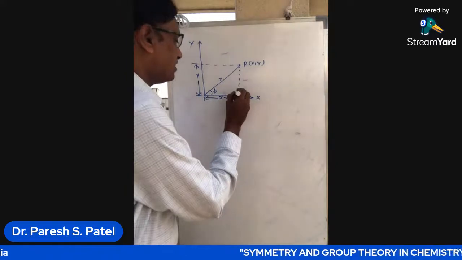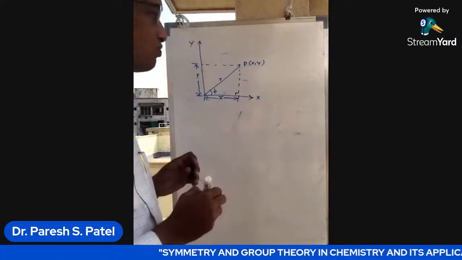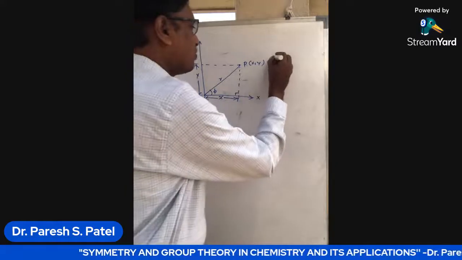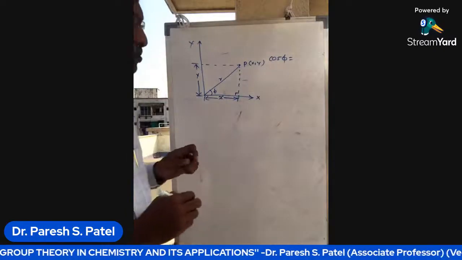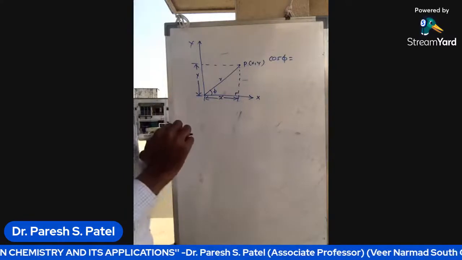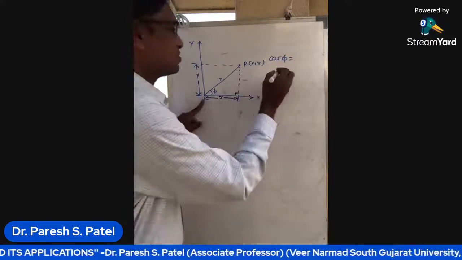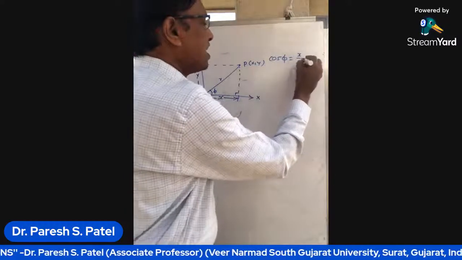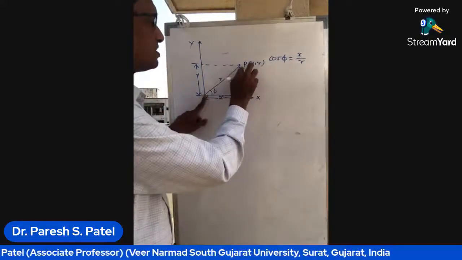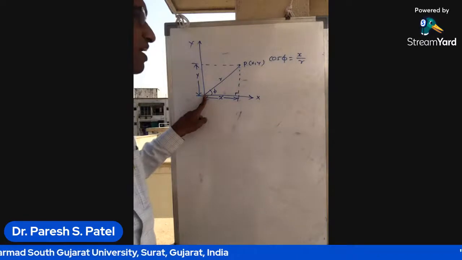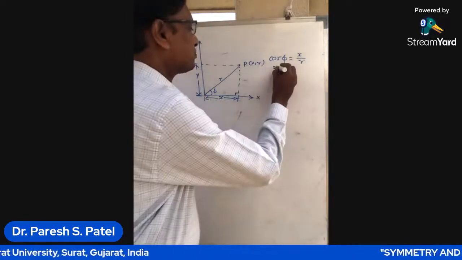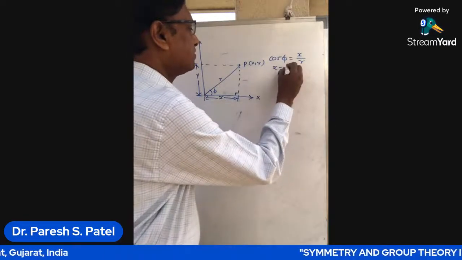This is a right angle. So we can say that cos phi is equal to base divided by hypotenuse. So the base is x, divided by hypotenuse r, the length of the vector. So x is equal to r cos phi.